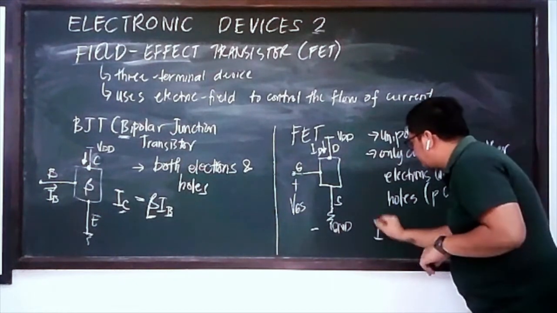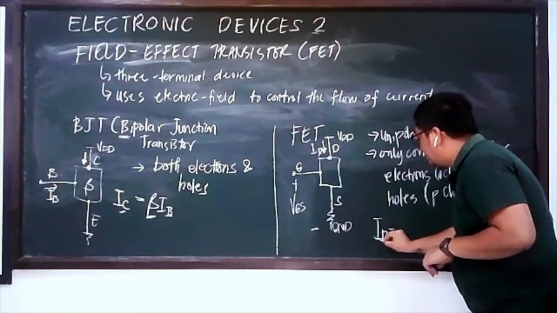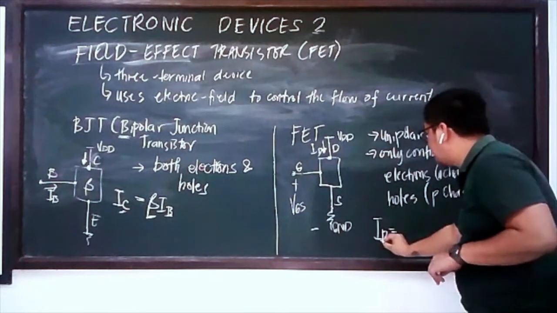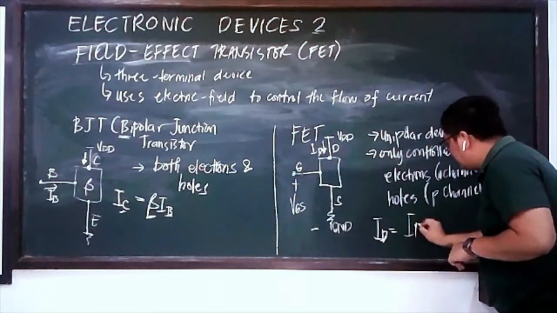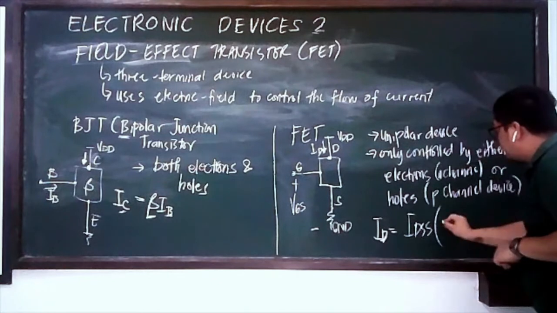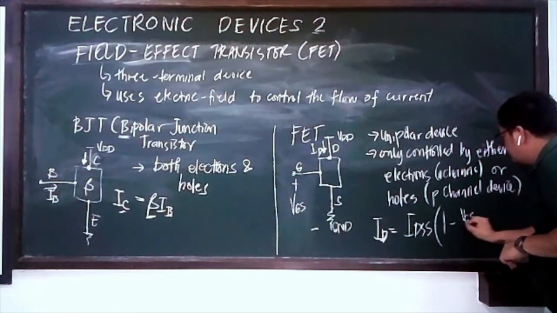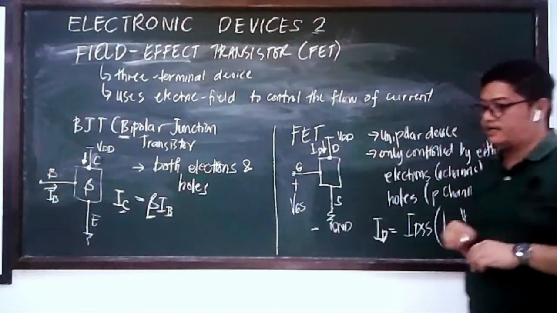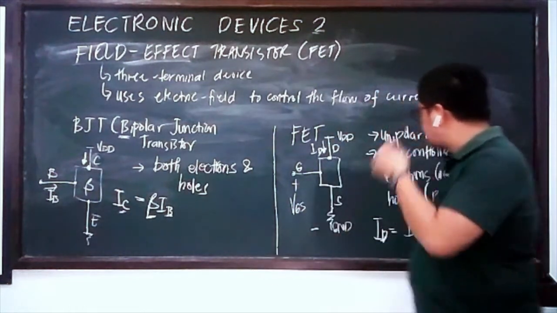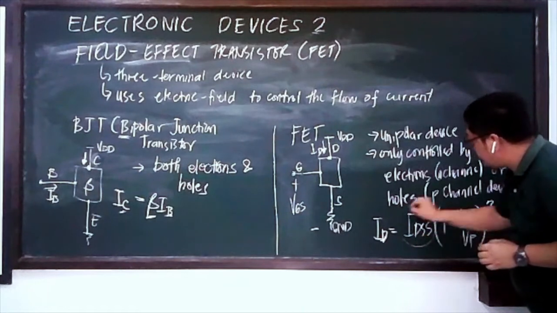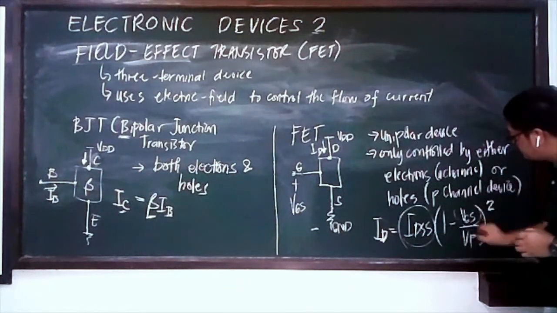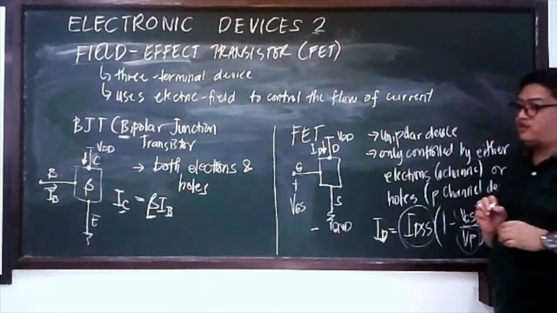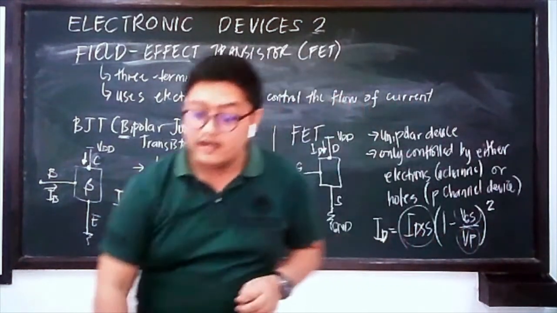But for the sake of calculation, the formula of your drain current is defined by IDSS times (1 minus VGS over VP) squared. We will discuss what this IDSS, what this VGS, and what this VP is in the calculation of our drain current.